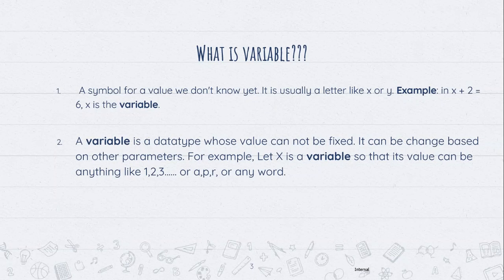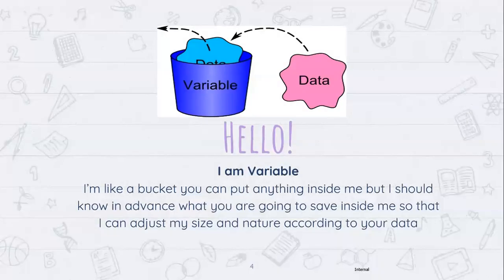If it is 5 right now and you say x is equal to 5 plus 7, it will be 12 next time. You can't fix it. If you fix it, you're making it a constant, not a variable. With this example, you will understand what is data and what is a variable.